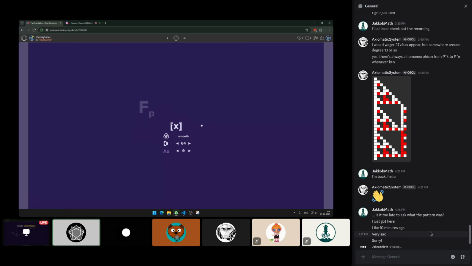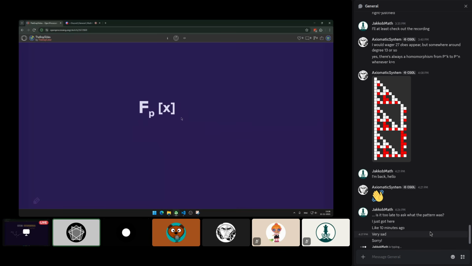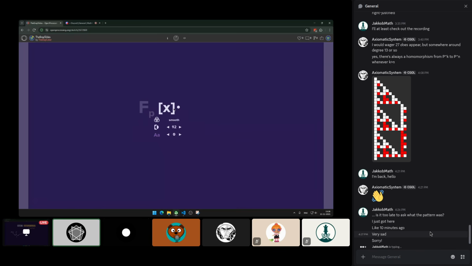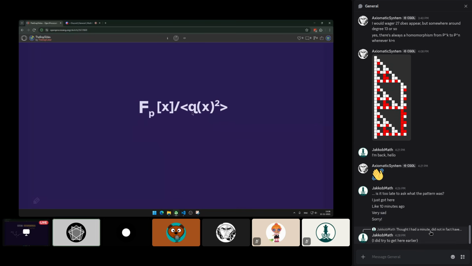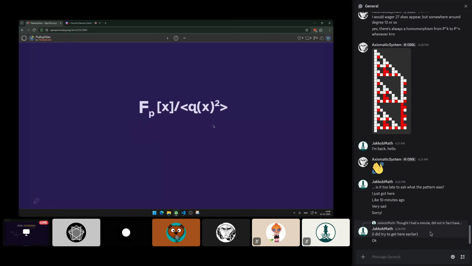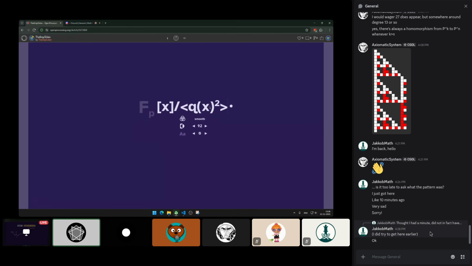Let me attempt a summary. If this notation makes sense, we're taking the polynomials of a finite field, and then we're factoring out some power of a prime polynomial in that field. This Q is prime in the field. And we're asking what is the group, and that shouldn't be a 2, just any power.